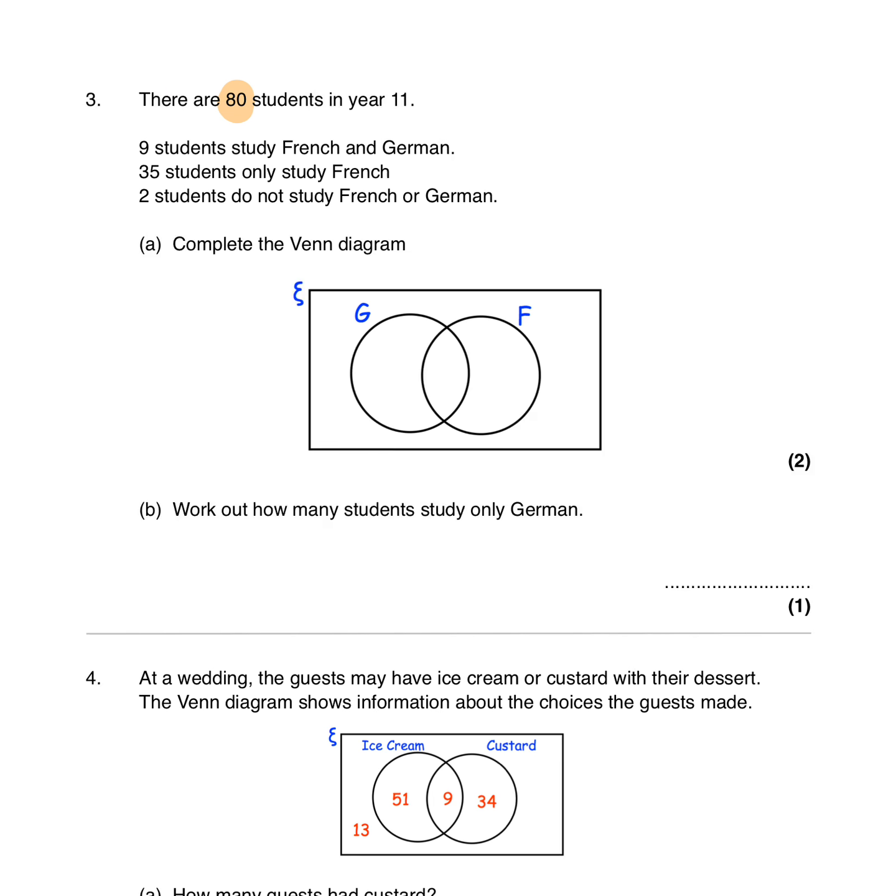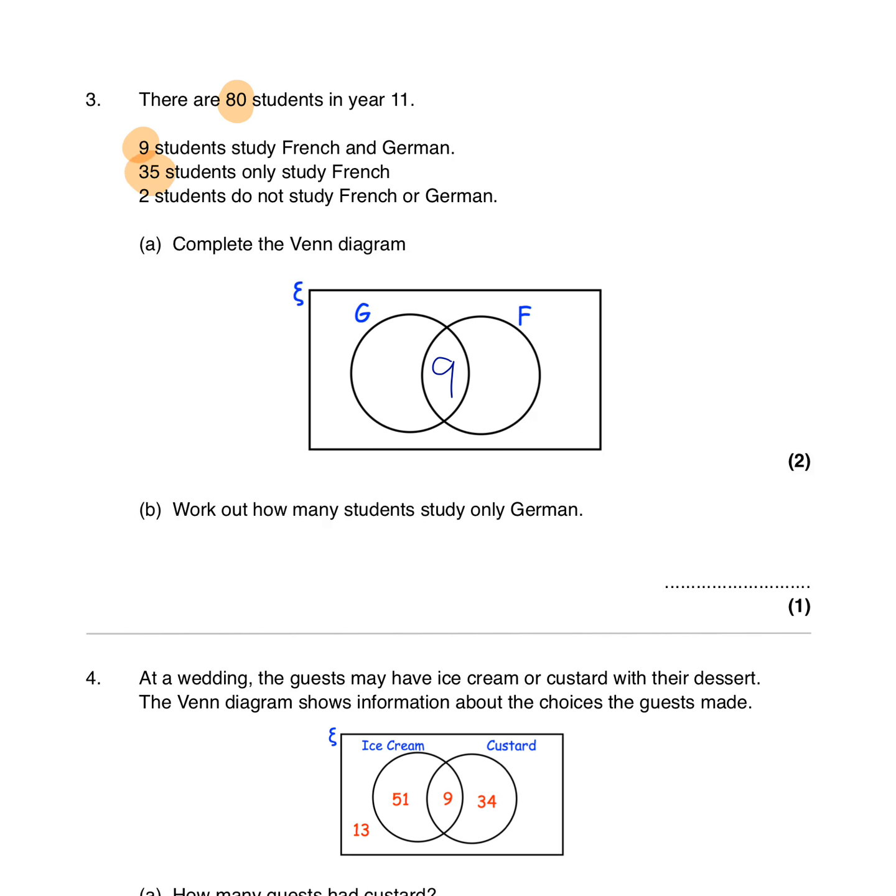9 students study French and German. So this is going to tell me that 9 students need to go into the diagram for French and German. French and German is this overlap set here. So in that overlap set, I know I need to put my 9 students to do French and German. 35 students only study French.